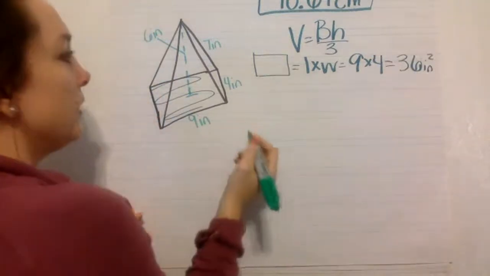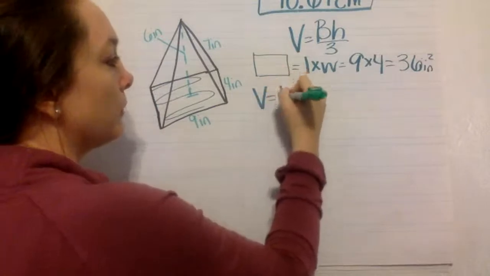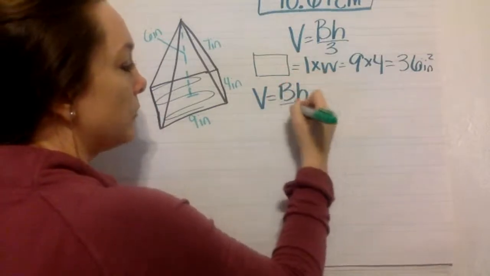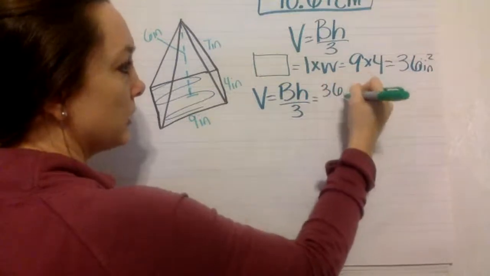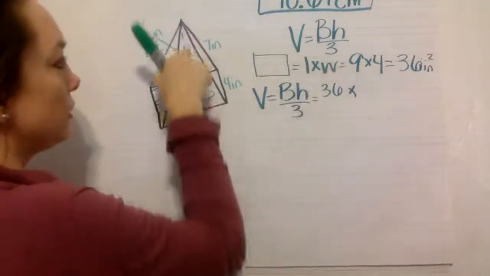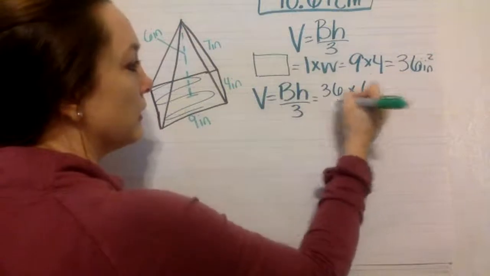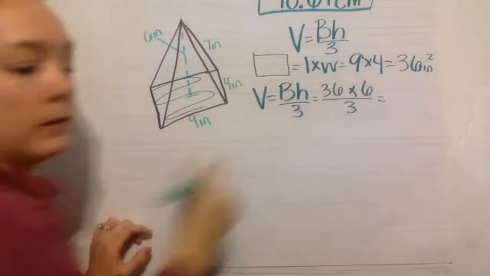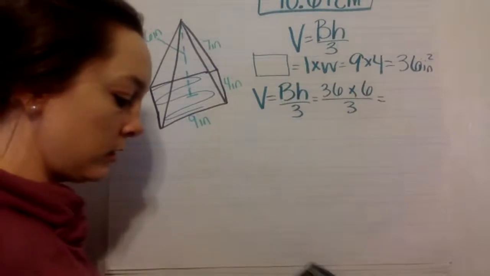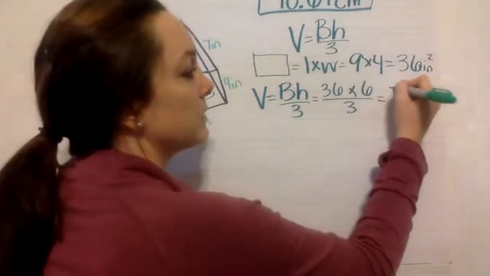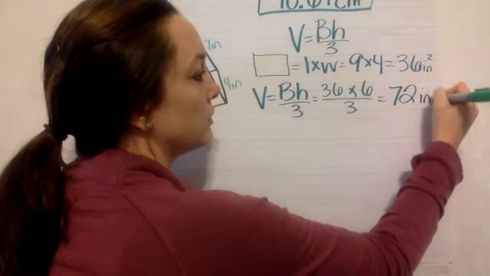All right. Now I'm going to rewrite my formula. Base times height divided by 3. I know the area of the base is 36. My perpendicular height is 6. And then divide by 3. Let me get my calculator out. 36 times 6, divide that by 3. I get 72 inches cubed.